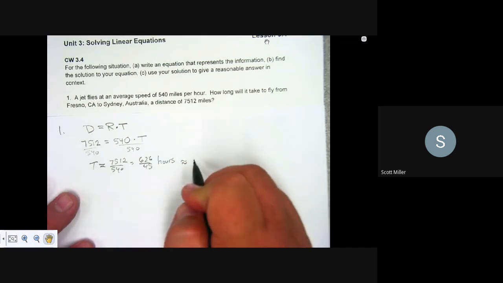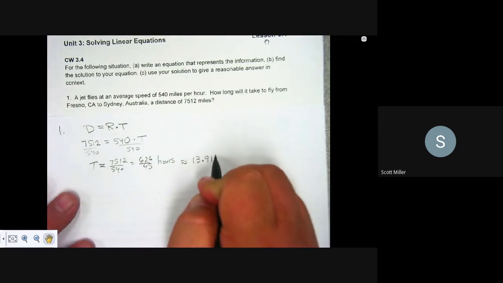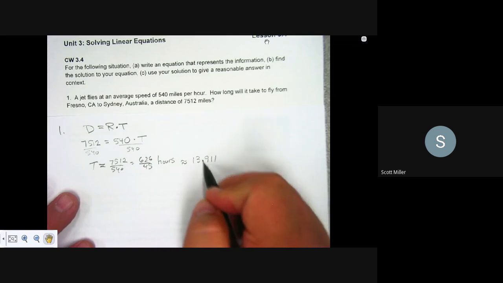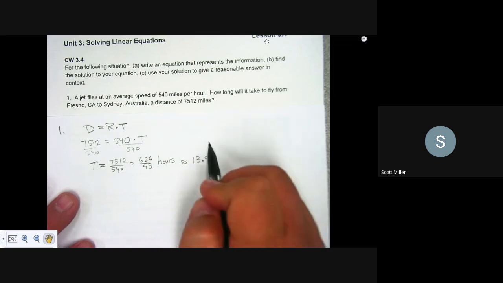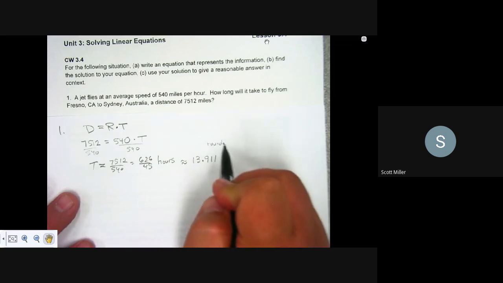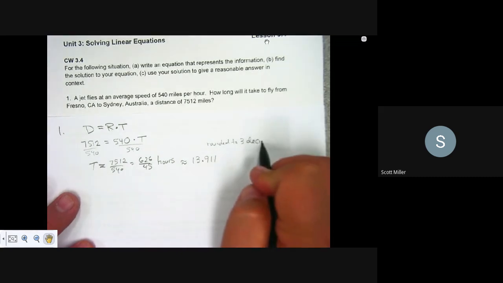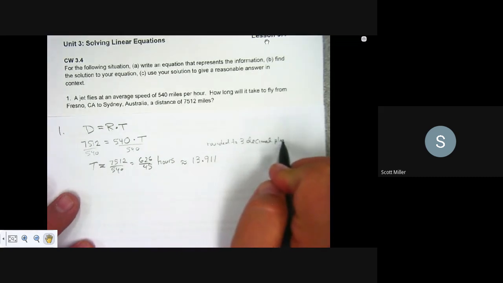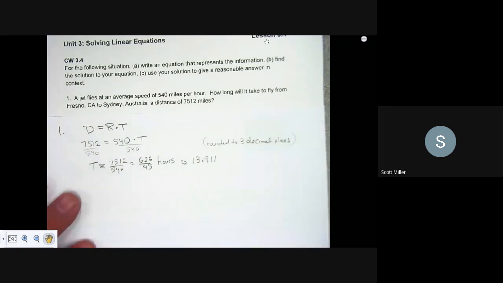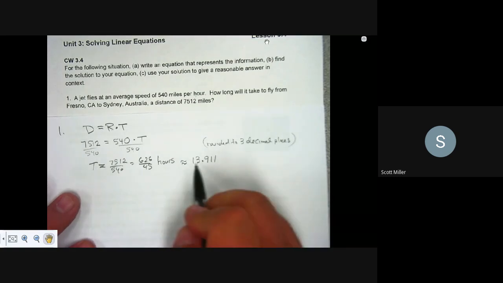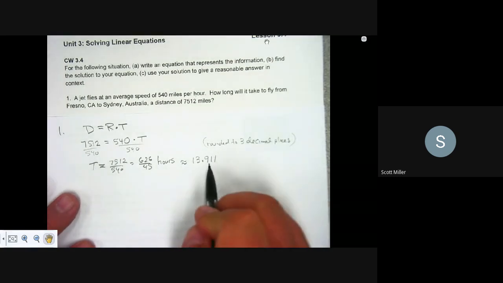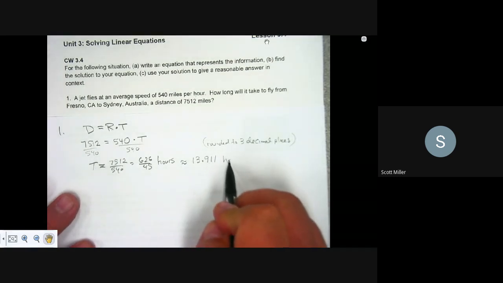And this is 13.911. I rounded it off to 3 decimal places, which is your default. Your default rounding is always to 3 decimal places, please, unless it's money, then that's 2. So this means about 13.9 hours.